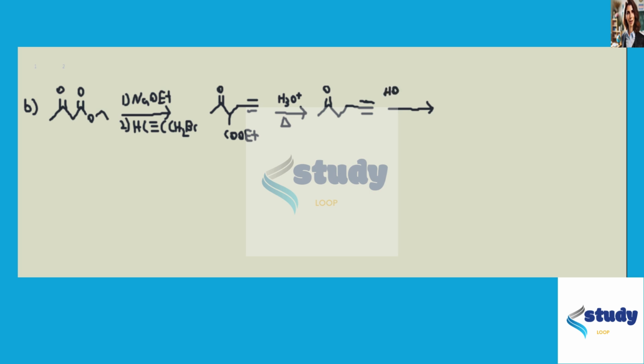And so in order to protect the ketone, we'll use ethylene glycol and an acid catalyst. Okay. And that installs this cyclic protecting group.